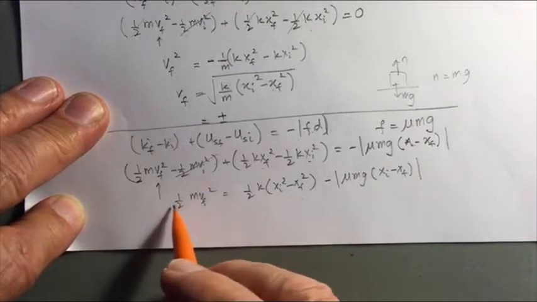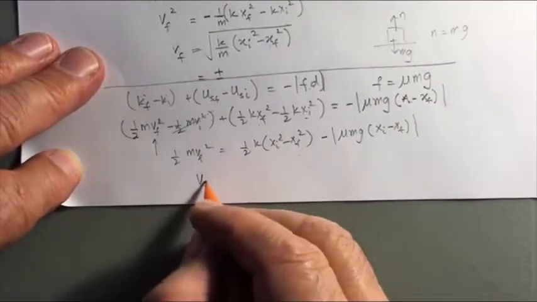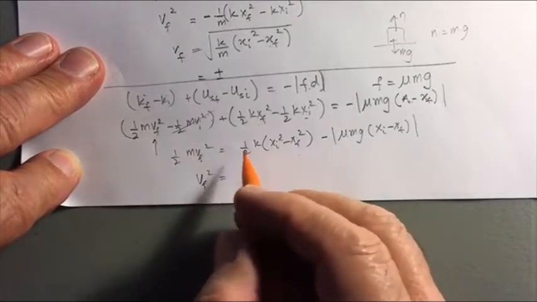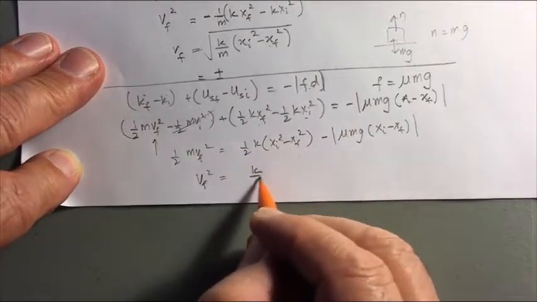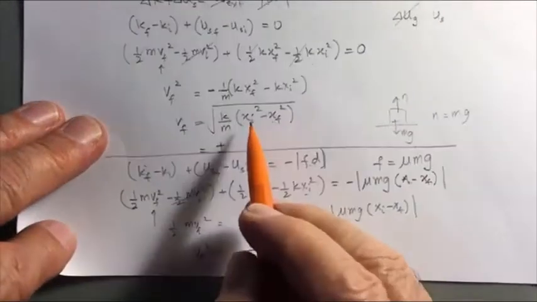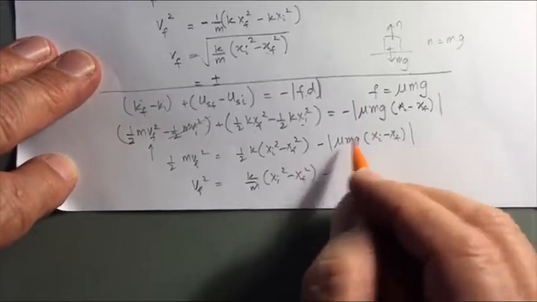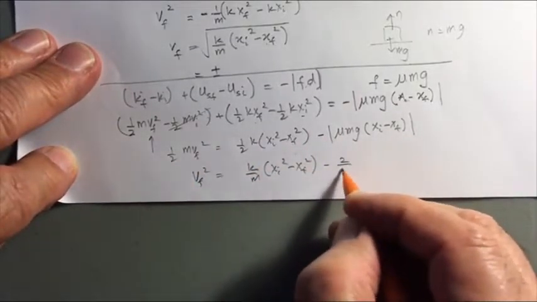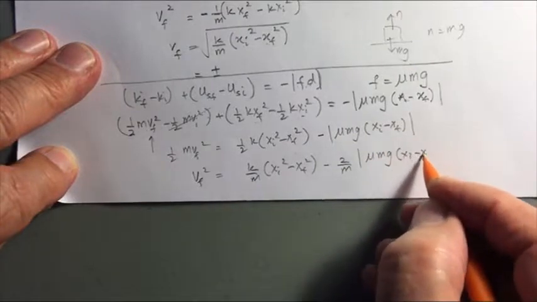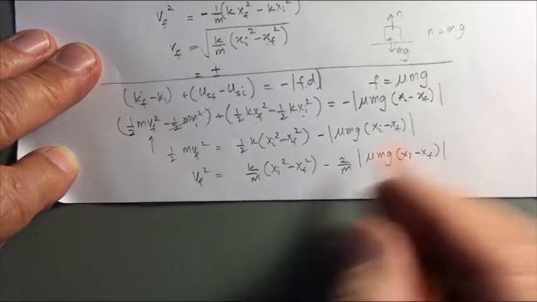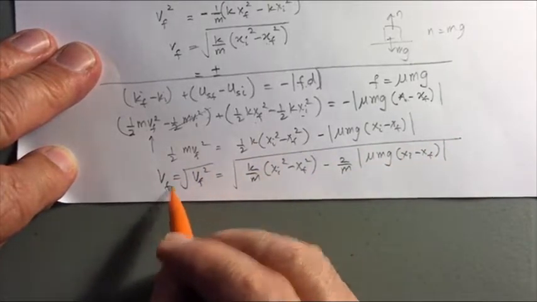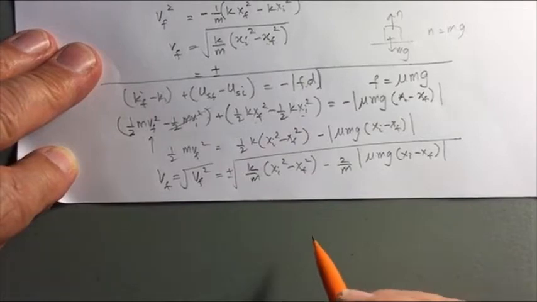And then we can simplify it further to get vf square equals k over m xi square minus xf square, which is what we had over here, but now we have this additional term 2 over m mu mg x initial minus x final, and the whole thing square rooted to get vf, and we'll have plus minus.